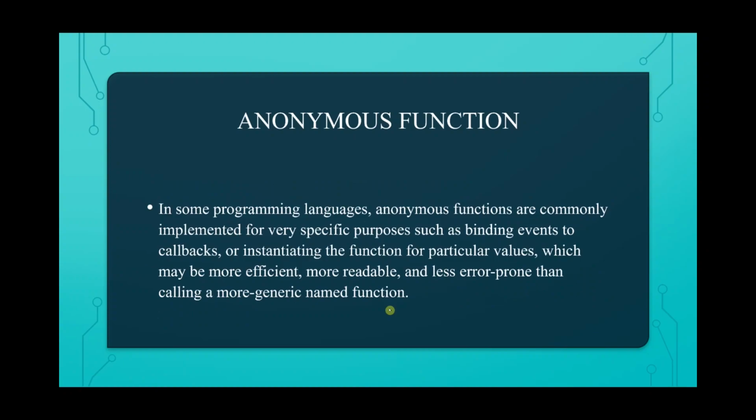In some programming languages, anonymous functions are commonly implemented for very specific purposes, such as binding events, callbacks, or instantiating the function for particular values, or many things. We are going to use pretty much all these things in Java.